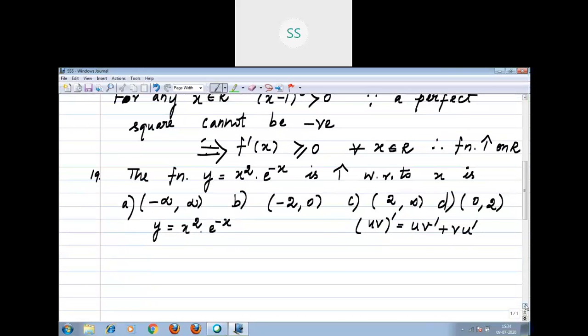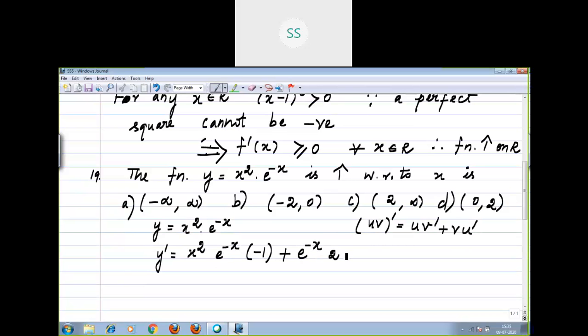Now you see y dash. Y dash equal to x square is your u, so x square; v is your e power minus x. I told you e power x is e power x, but here the coefficient of x is negative, so when you differentiate, you will get minus 1 into e power minus x.